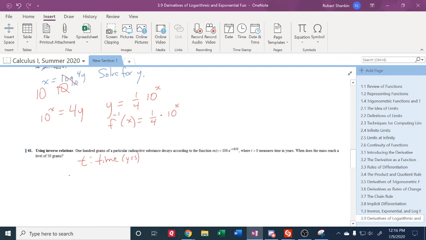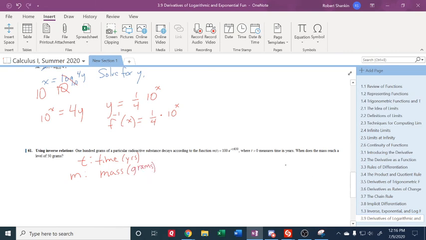And M, what does that represent? This is the mass. Does it equal mass? Yeah. In grams.